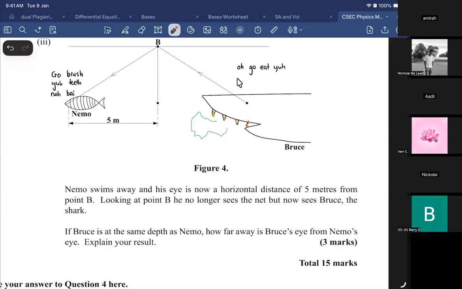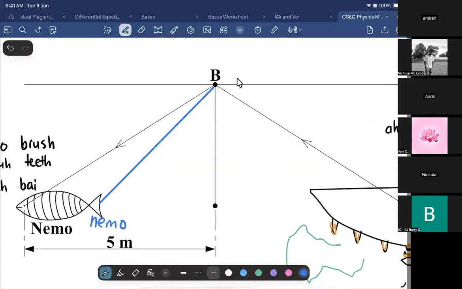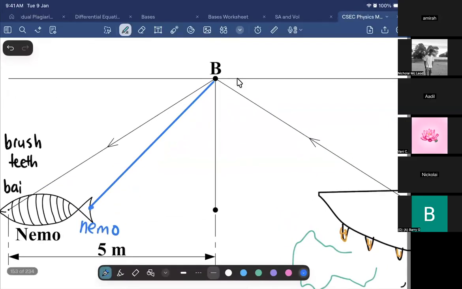So Nemo swims away. If Nemo swims away, what happens? Imagine Nemo was over here. So the angle of incidence would increase and the refracted ray would go into the water, causing it to reflect. If Nemo is over here, then when he was over there, what was the angle?